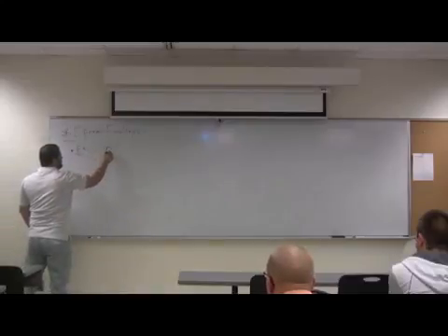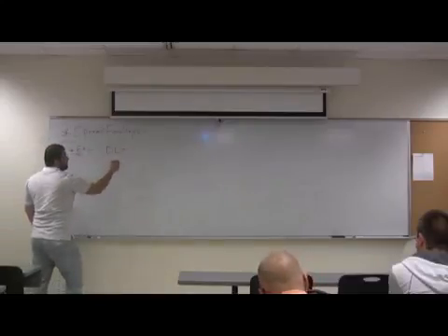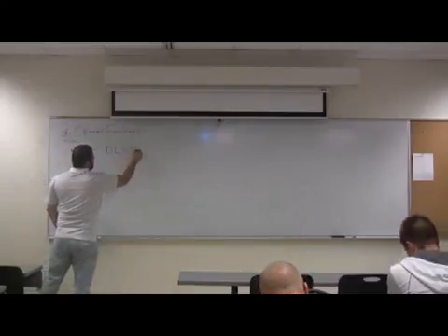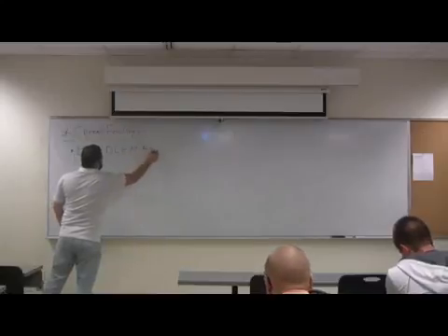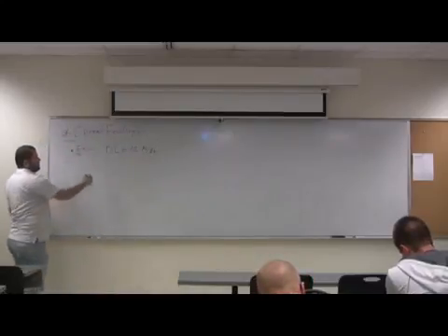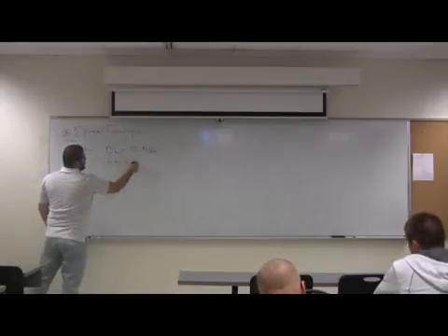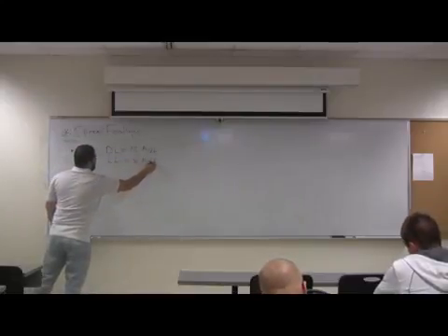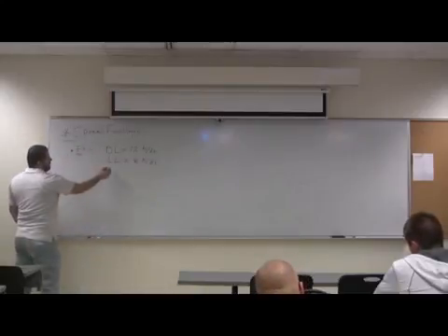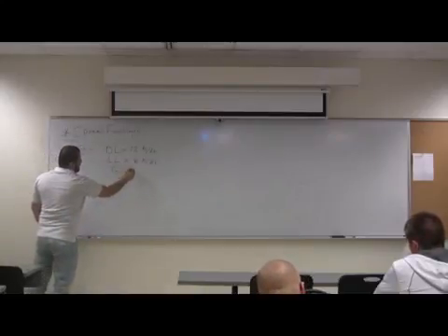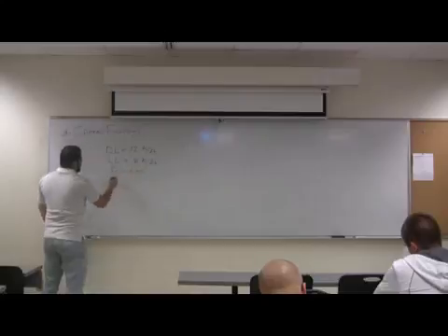We have dead load on a wall equal 12 kip per foot. Live load equal 8 kip per foot. f'c equal 4 KSI.